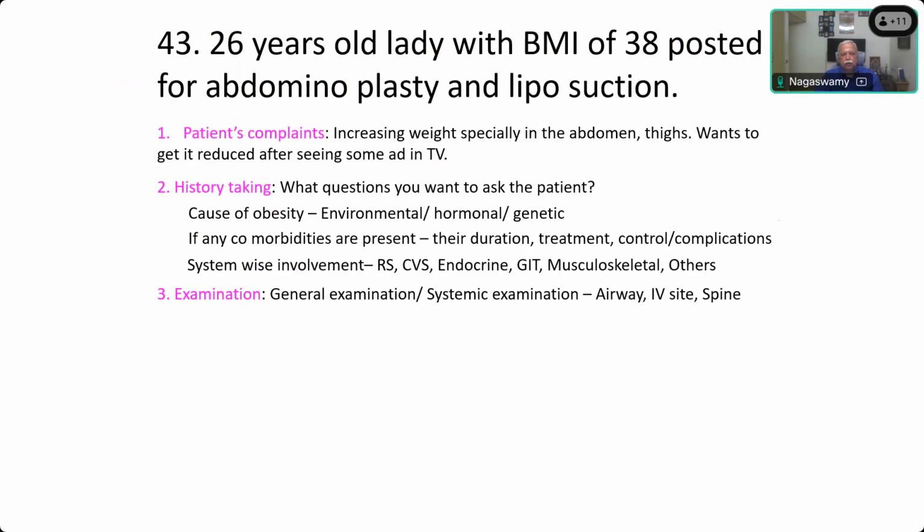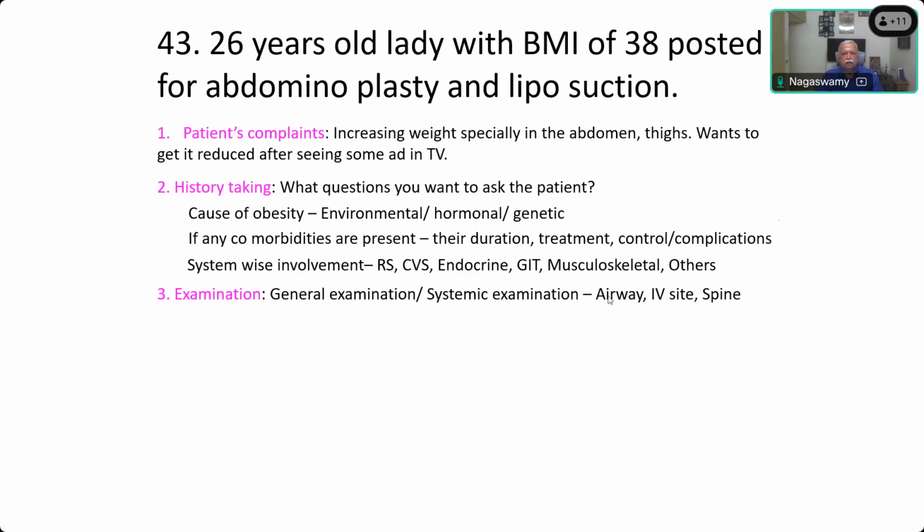Just like how you will describe a patient in your medical examination, you must do the general examination, then go to the systemic examination, where you have to talk about the airway, IV access, and spine. These are the three things you must specifically look into. In the airway, you can talk about mouth opening, Mallampati, neck circumference, neck movement, and anticipated difficult airway.